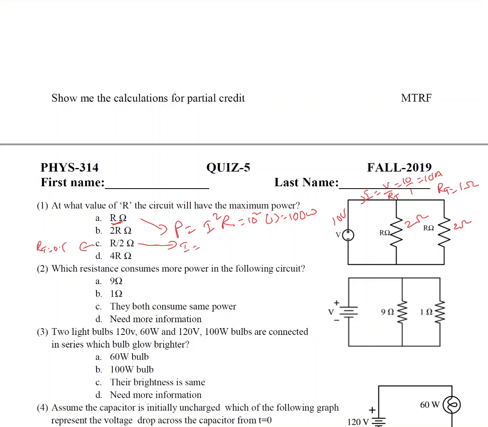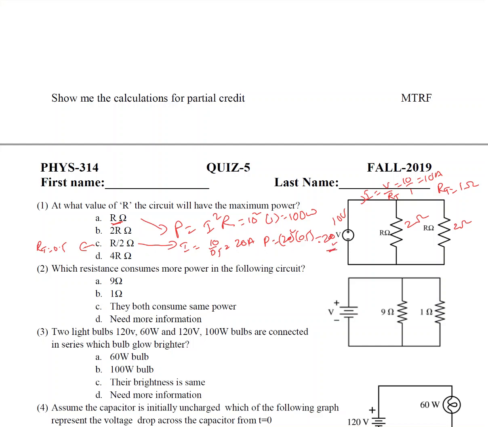I must be 10 over 0.5, which is 20 ampere. So P equals 20 square times 0.5. 20 square is 400, multiplied by 0.5, which is divided by 2, which is 200 watt. So if I have R by 2 resistance, they are consuming around 200 watts.